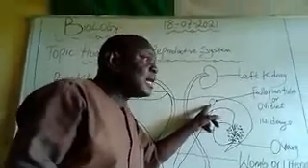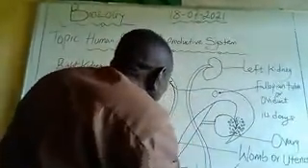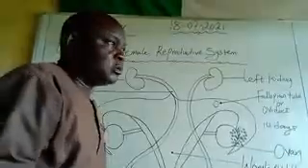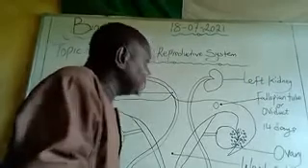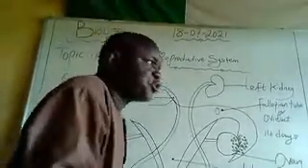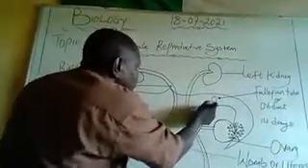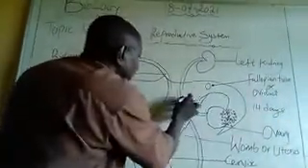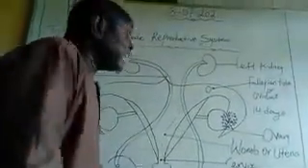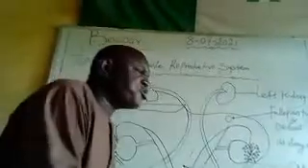When it gets to 28 days, the egg will break, and blood will start flowing downwards to the exterior, to the outer part of the vagina. That is what we call menstruation.